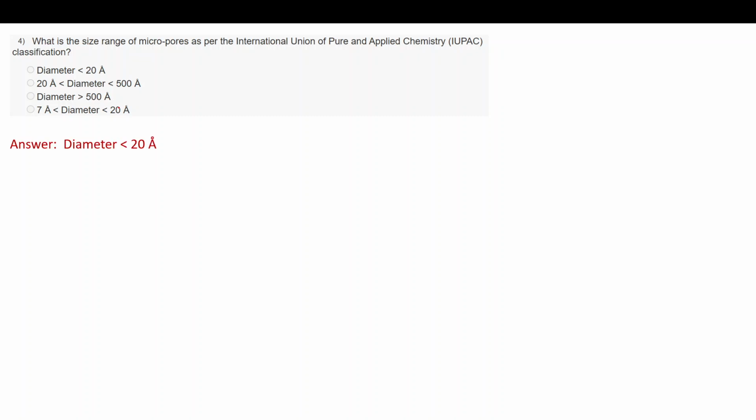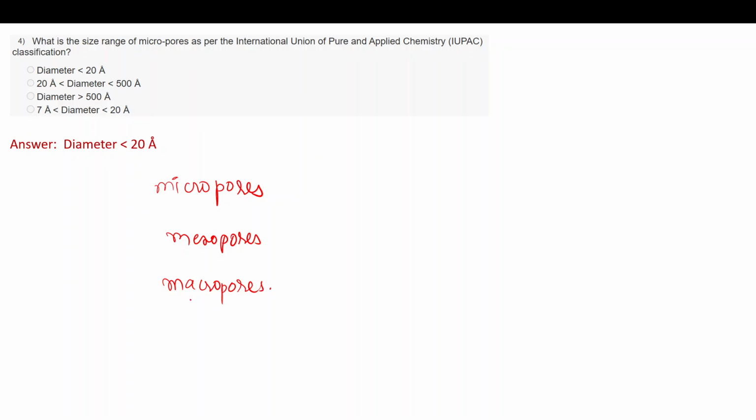Yeah, correct. Can you describe more, like the three categories of pore sizes? One is micropores. What are the other two? Mesopores, and then macropores.